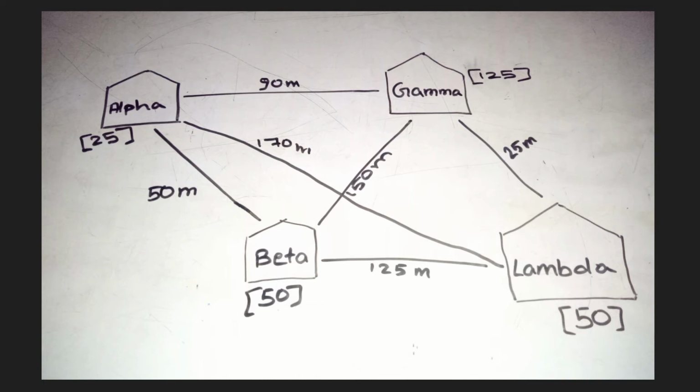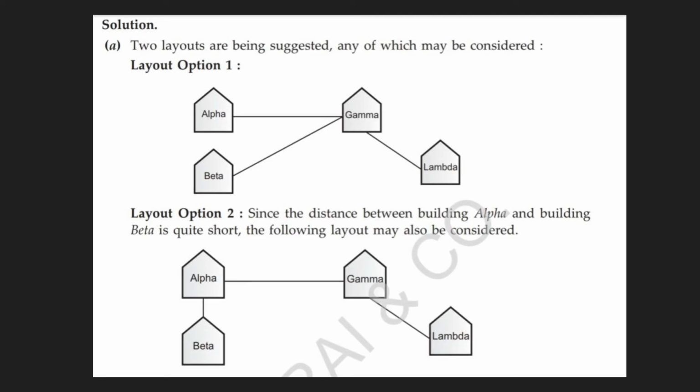Let's answer the first question. This is the solution of the first question. It was asking about the layouts, and there are 2 available layouts. Gamma contains the maximum number of computers and it is approximately nearer to every building. So the gamma building is considered as the hub and all the buildings are directly connected to it.